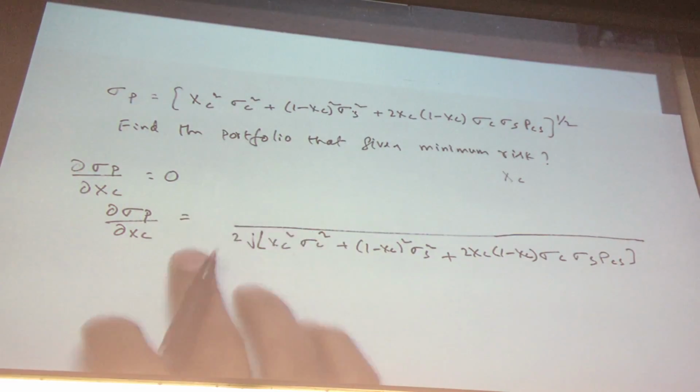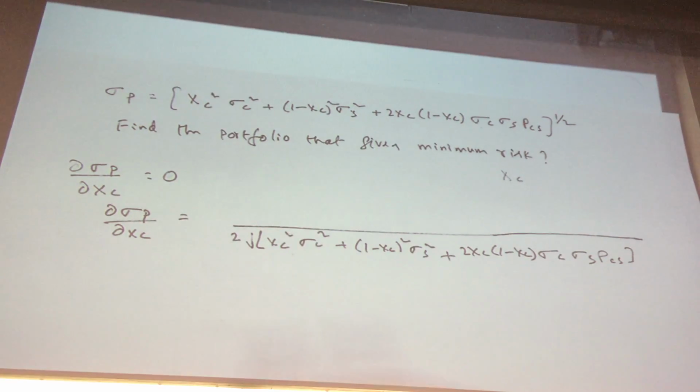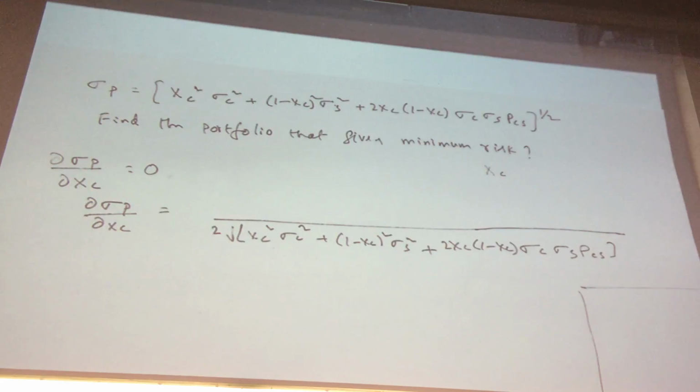So, 1 by 2 root x. The idea is that if you have y equals square root of x, then dy by dx equals 1 by 2 root x. That is the form I am using.